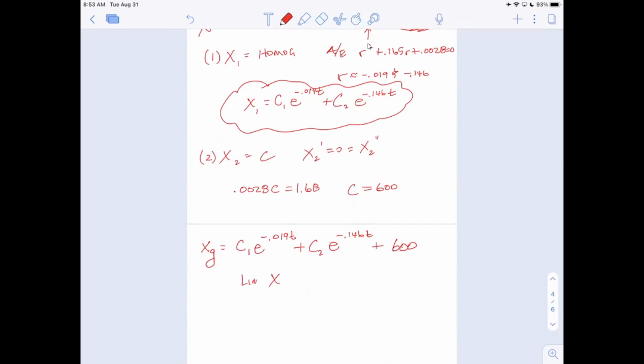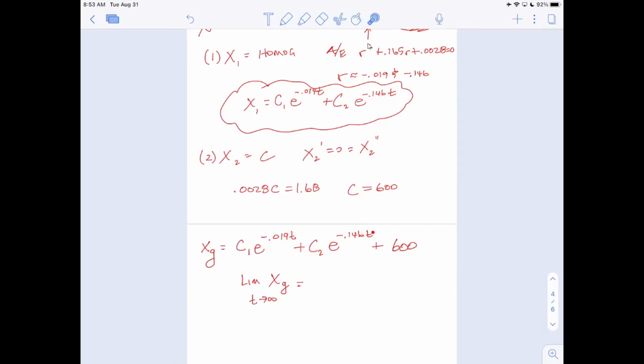What is the limit of x of g as t goes to infinity? Since this is negative, then this expression could be thought of as moving to the bottom. So it'd be e to the 0.019t on the bottom. Well, as t goes to infinity, e to that number is going to get huge. So you have c over a huge number, which goes to 0.